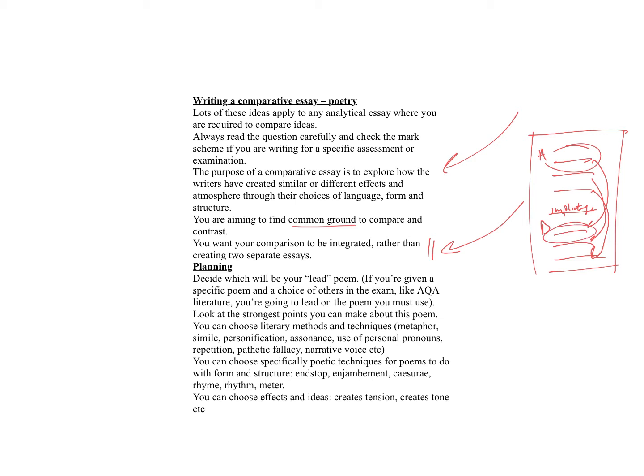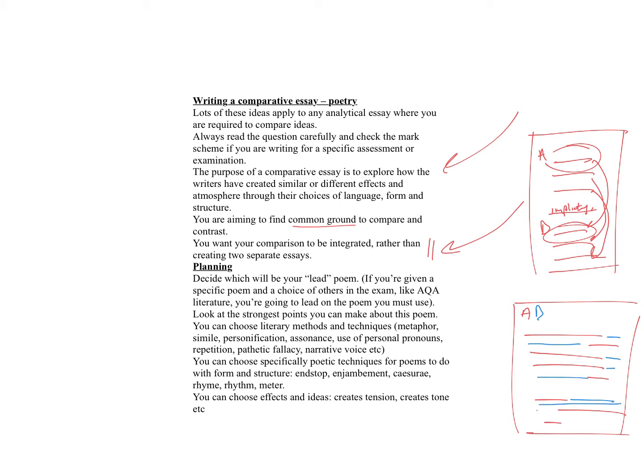In fact, if you were going to draw a comparative essay, if I take red as poem A and maybe blue as poem B, you maybe want an essay which after your introduction goes like this in terms of the colour.